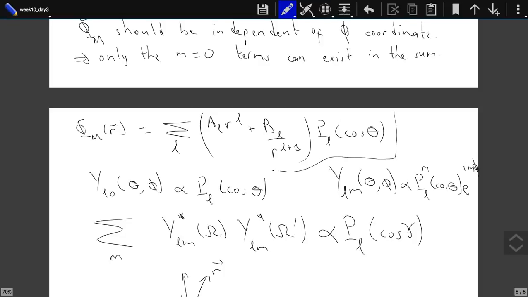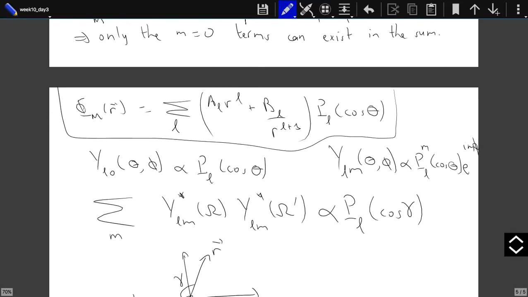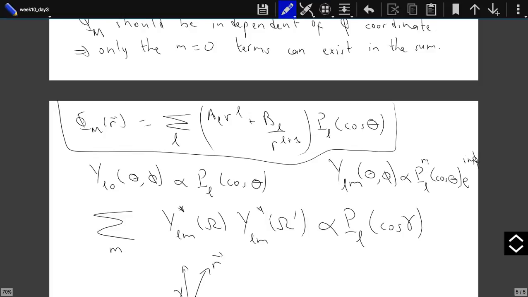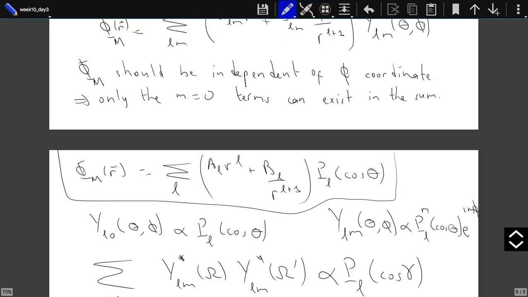So now I have this general expression of my magnetic potential both inside the sphere and outside the sphere. There are other restrictions. This potential should be finite everywhere. If I'm inside the sphere, r, the distance from the origin, can take the value 0. So if the potential is finite, then the second term, the B_L term, should be 0.